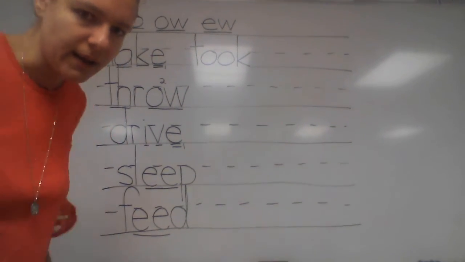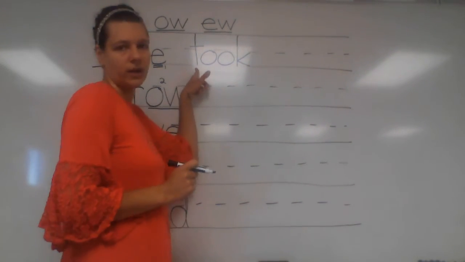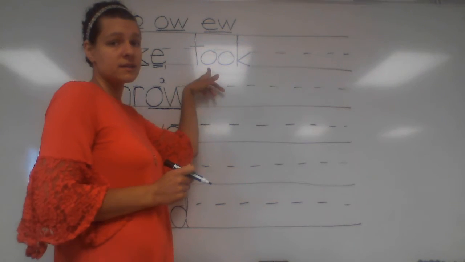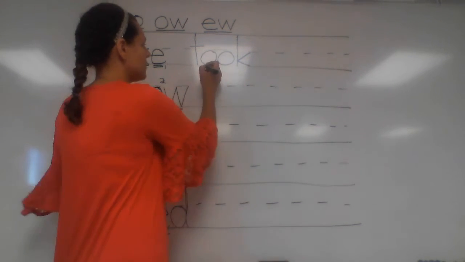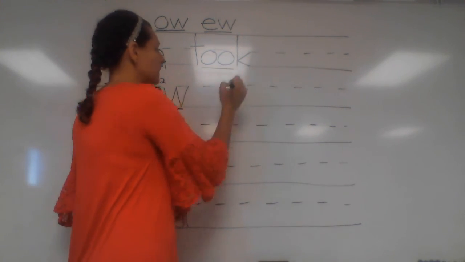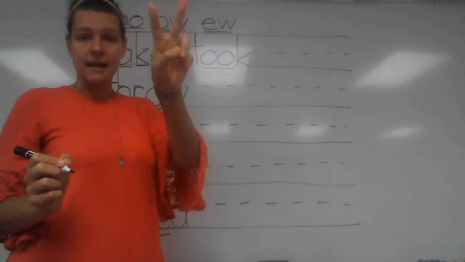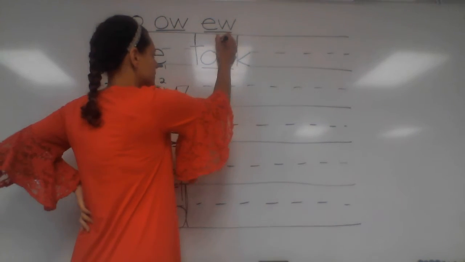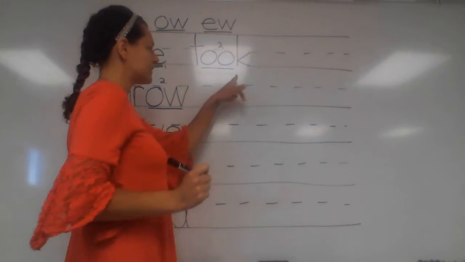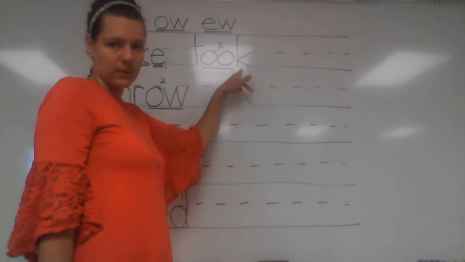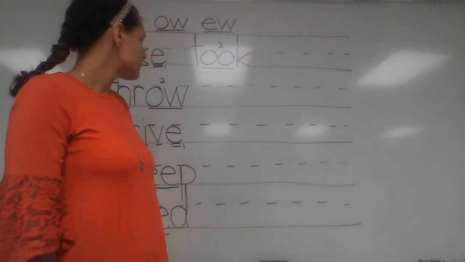Right. And let's mark it. Does this need a marking? How about this? We're going to underline it, but what are the two sounds of this phonogram? Good. U, and it's saying so we've got to put a little 2 on top. And does this need a marking? No, it doesn't. All right.